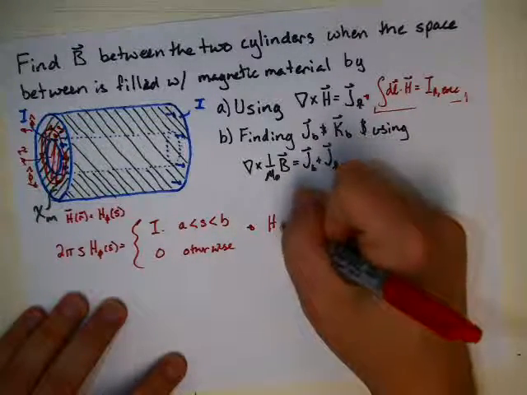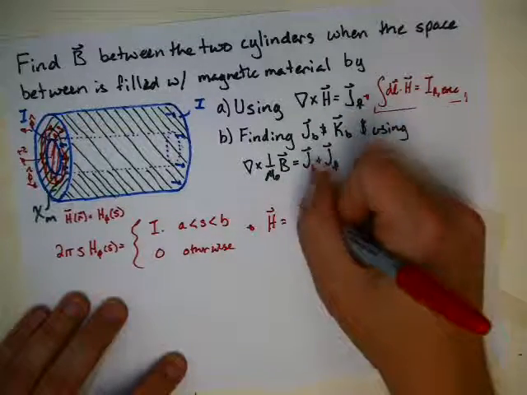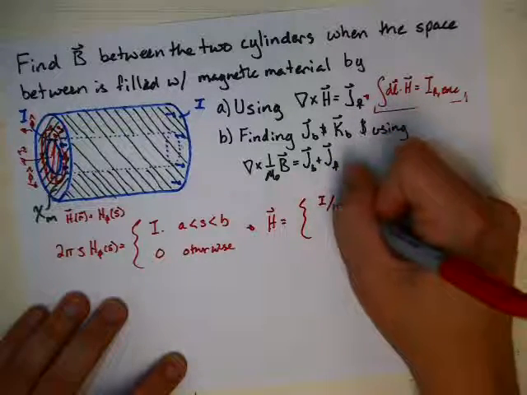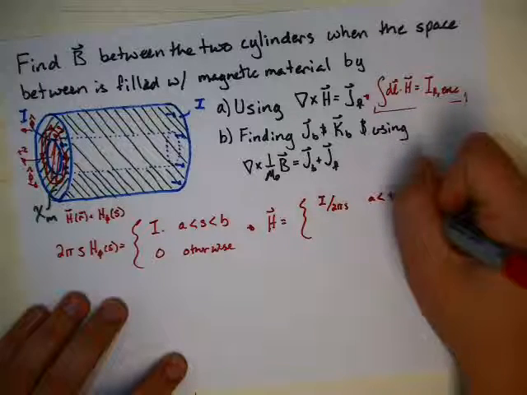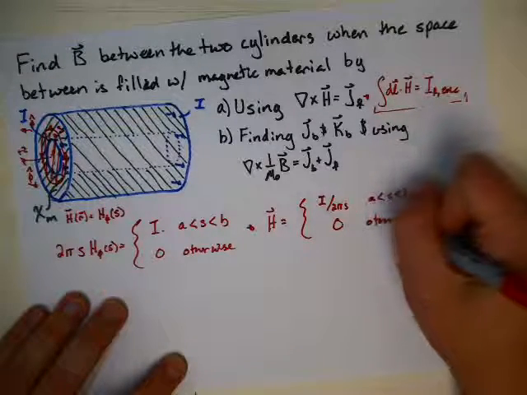The magnetic field H is then equal to I over 2 pi s, as long as a is less than s is less than b, and is equal to 0 otherwise.